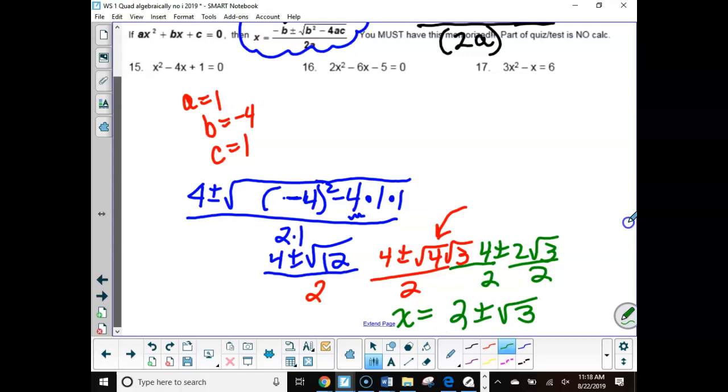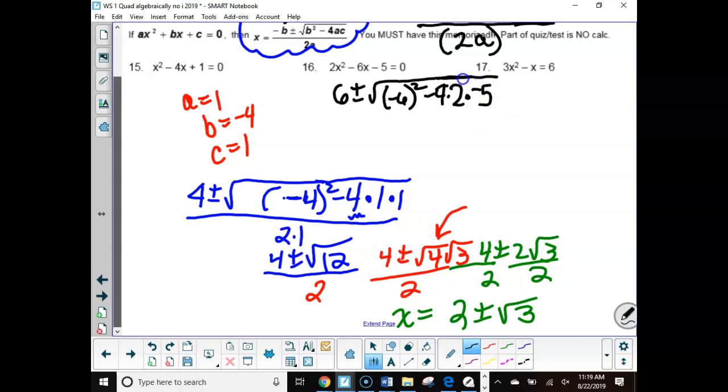All right, I'm going to try to get through this one. Can I go straight? Do I have to write down what A, B, and C are? You got it? Opposite of B, anybody? 6 plus or minus the square root of -6 squared minus 4 times 2 times -5.